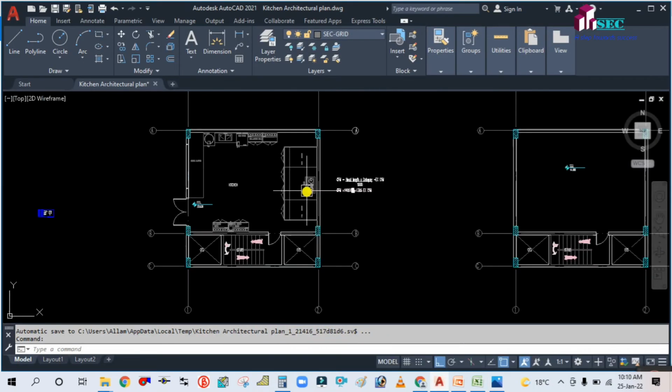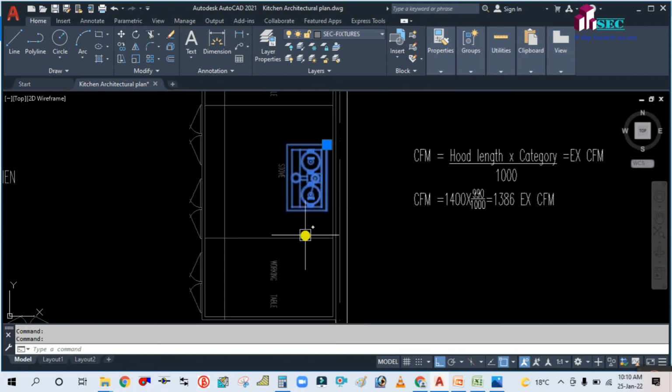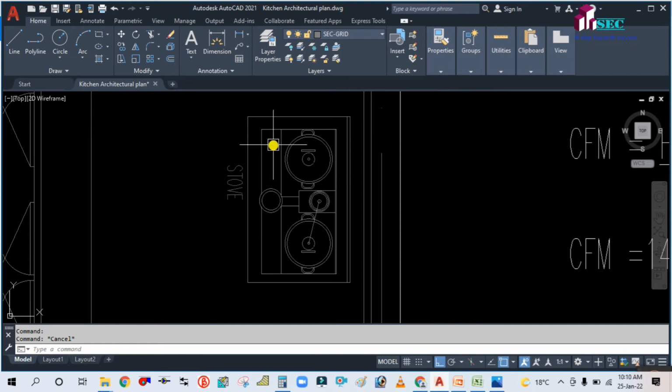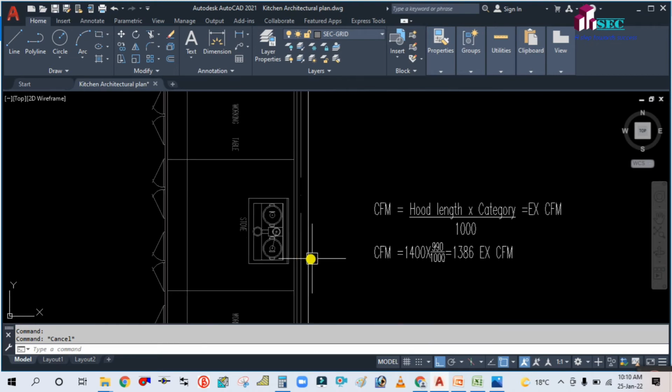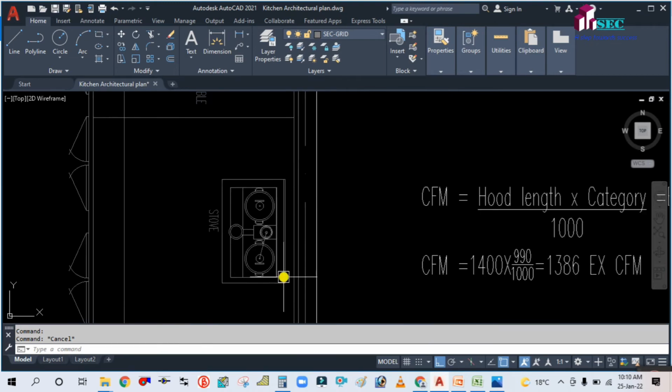In this drawing you can see this is the stove, this is the length and this is the width, and this is the wall canopy. One side, this side, is fixed to the wall. So when you are calculating the length of the hood, you have two sides only in the length, this side and this side. So you have to add 150 on each side, 150, 150.